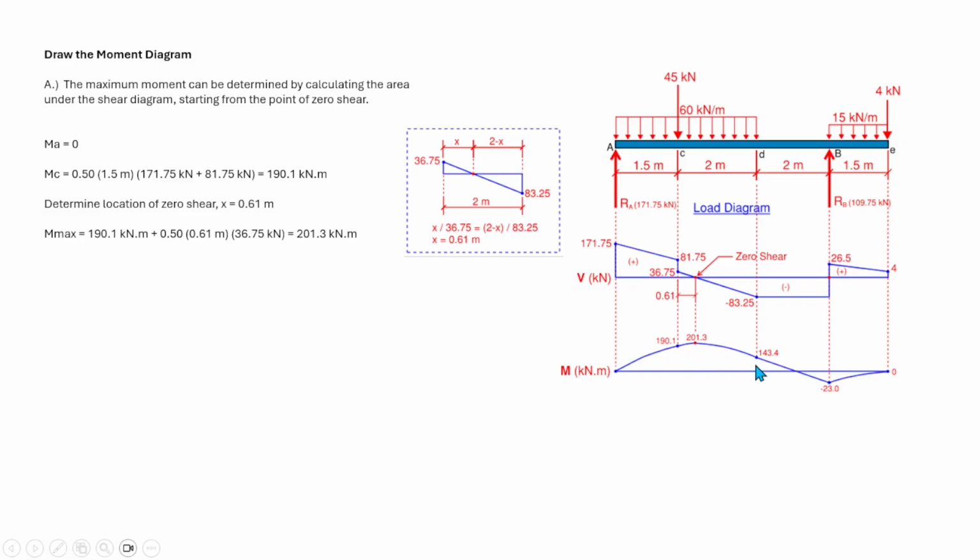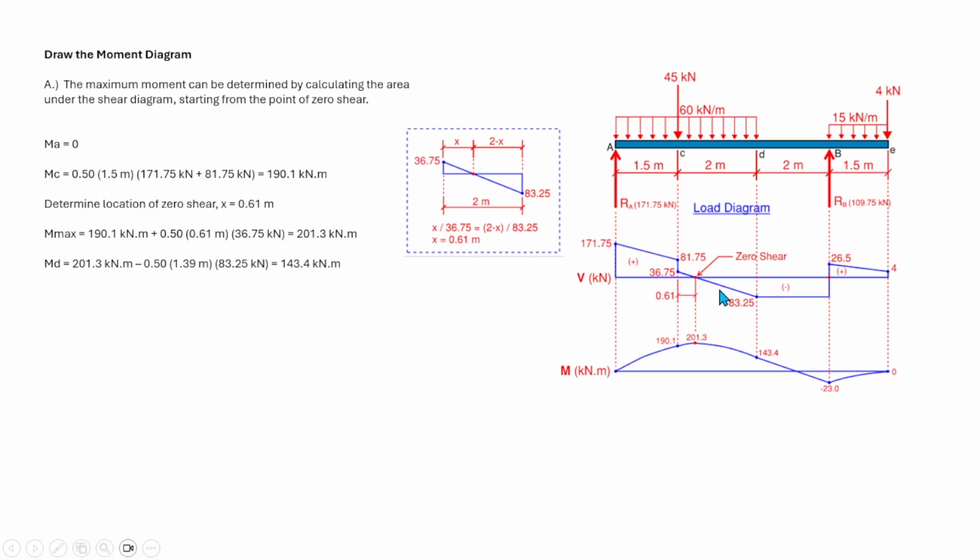Now, to calculate the moment at D, we will calculate point by point in order to plot the moment diagram. To determine the moment at point D, in the same manner, it is equal to 201.3, plus the area between this point and that point. What is that area? This is a triangle.